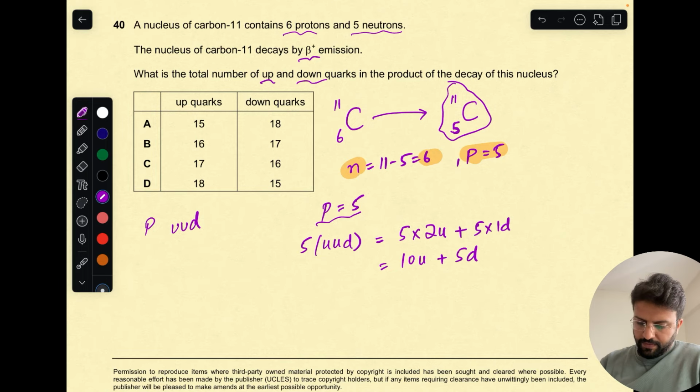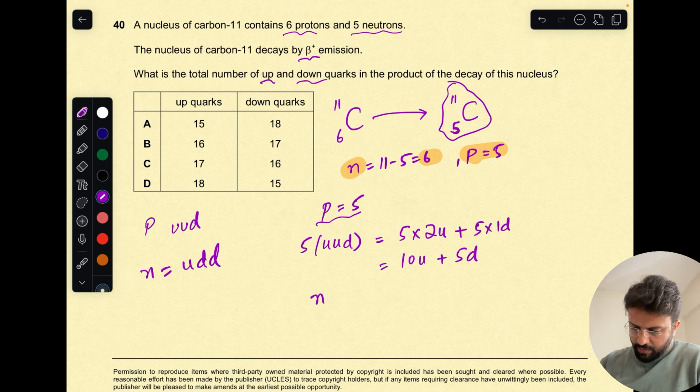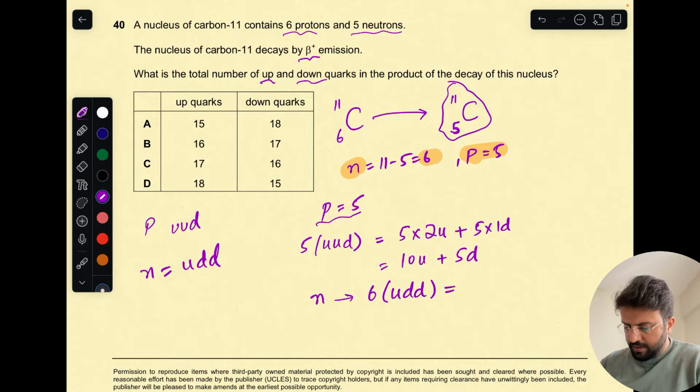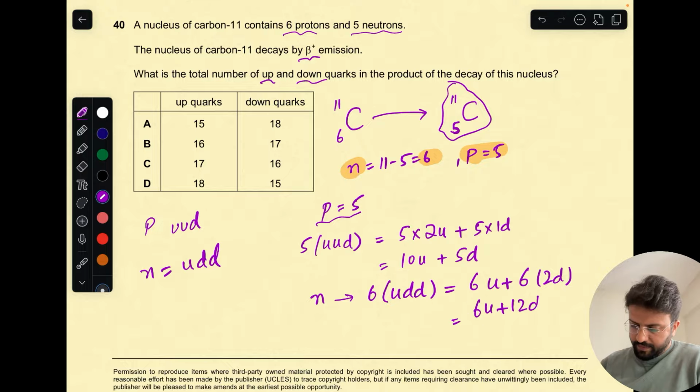And the neutrons are made from UDD. How many neutrons are there? 6 neutrons, so this will be 6 into UDD, which is 6U plus 12D.